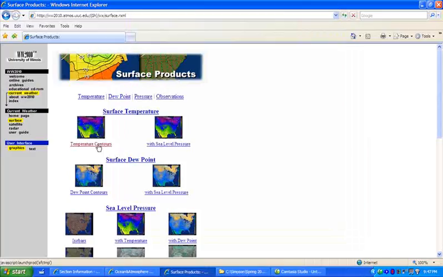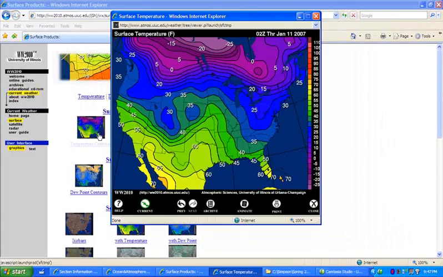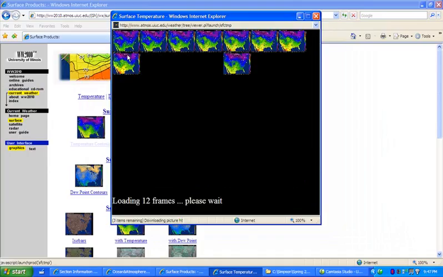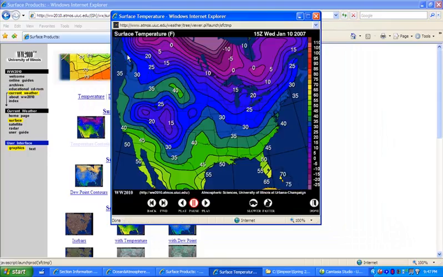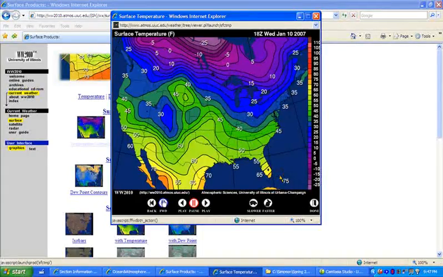What about 18Z temperatures? Let's go back to our temperature contours. And if we look at the last 12 hours, and let's go to 18Z. At 18Z today, the temperature was right about 40 degrees. There's the 40-degree isotherm line.